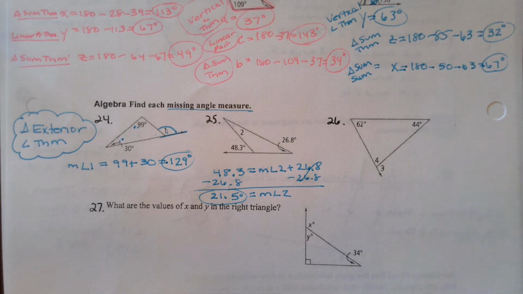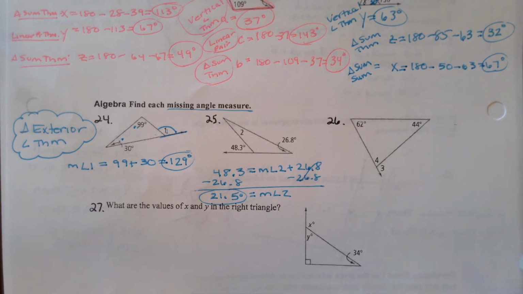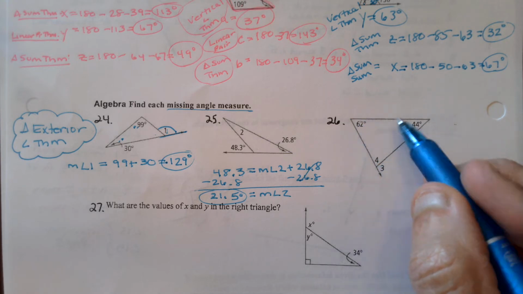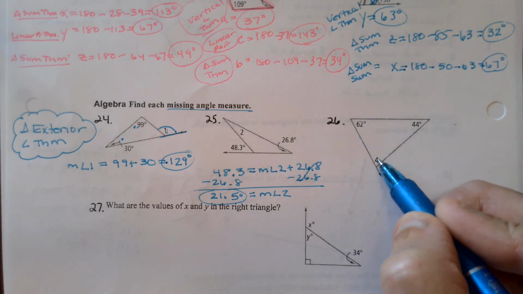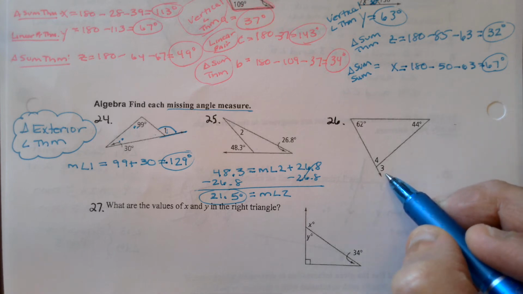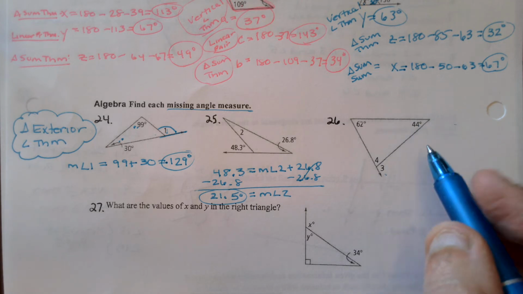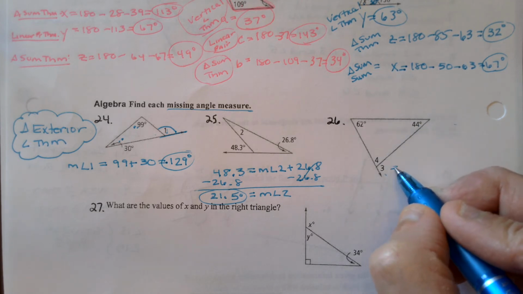All right, going over here, we need to get angles 3 and 4. You can do it a couple ways. I see a triangle, so I can do this plus this, subtract it from 180 to get that. Or I also see I have this, which is the same as the remote exteriors added together. So I'm going to do that.